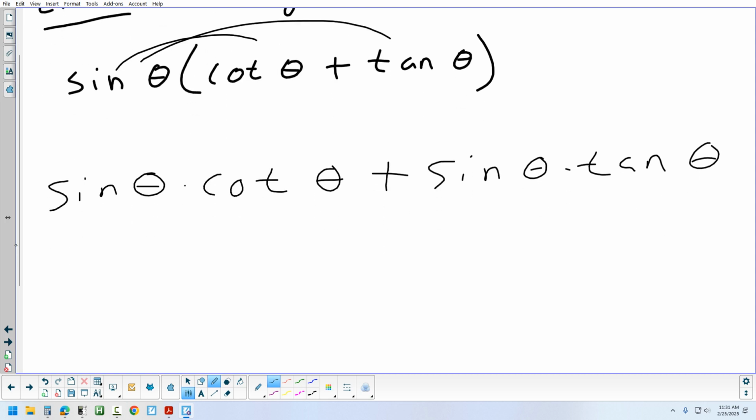Now, we could take all 4 of those and change them to what? Fractions. Okay, change them to fractions by converting them into sines and cosines. If you already have something that's a sine or a cosine, just put a 1 under it. That's all. You don't have to change it.